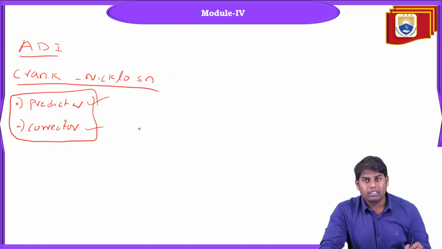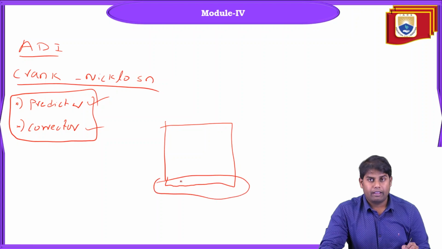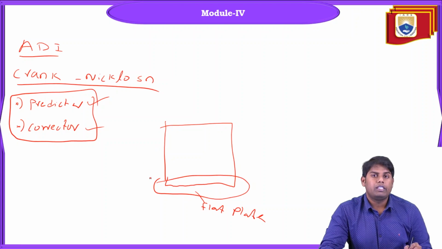For example, we have one square domain, where we say this is the flat plate. On this flat plate, there is a flow happening over it.